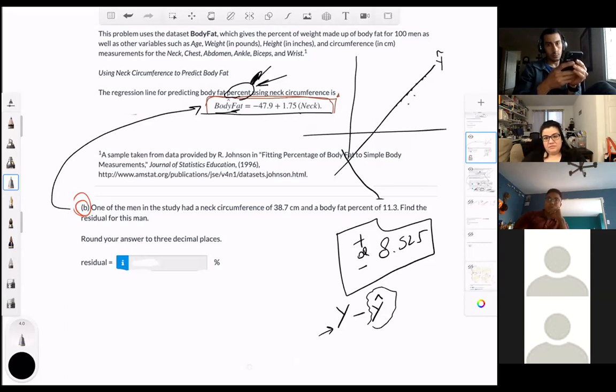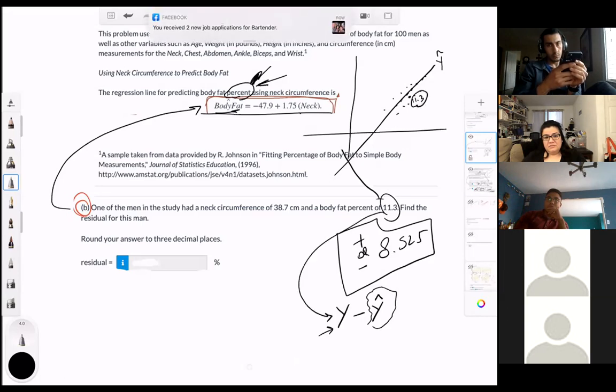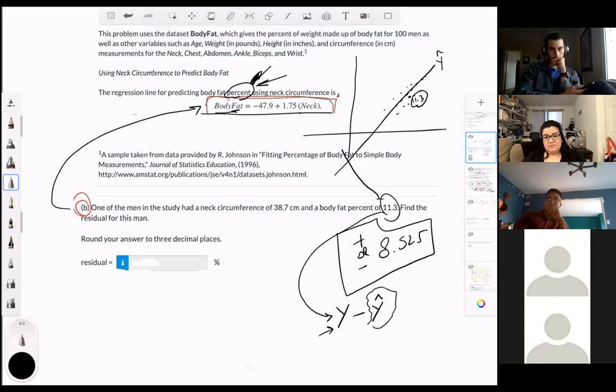All the data points here are actually real. That means we asked people, we examined them. So what are we doing here? 11.3 is here. This is actually one of our y values. We need to find y hat, so 38.7 goes here.